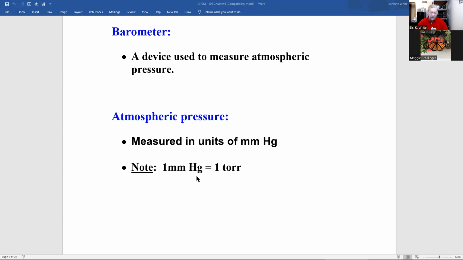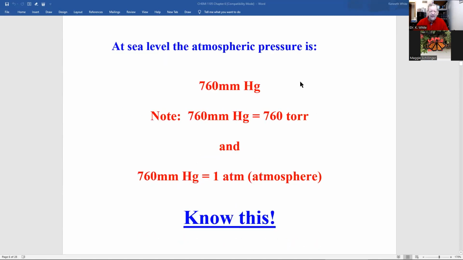In honor of his great work, 1 millimeter of mercury is also called 1 torr. They shortened his name. Another important measurement is the atmospheric pressure at sea level when there are no storms. By definition, it's 760 millimeters of mercury.